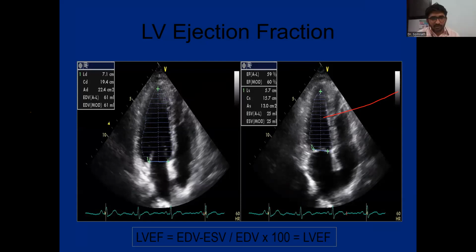So in this, we are calculating the dimensions at end systole and end diastole, but the ECG marker in both the measurements is showing at the beginning of QRS complex. How is it? Look, it's the beginning of QRS complex in this one over here, and the end of a T wave in this complex over here.